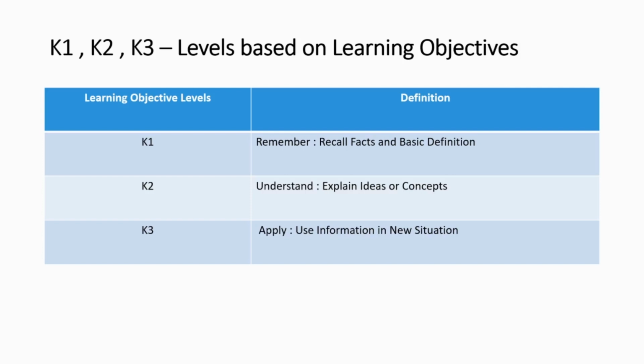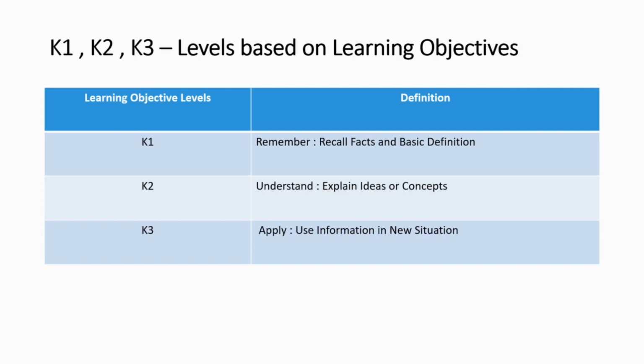Now, another important thing is the learning objectives which are defined by the ISTQB syllabus. There are 3 learning objectives defined by ISTQB, and these are K1, K2 and K3. K1 itself implies remember. Here the learning objective is that the candidate should recall some facts and basic definitions.